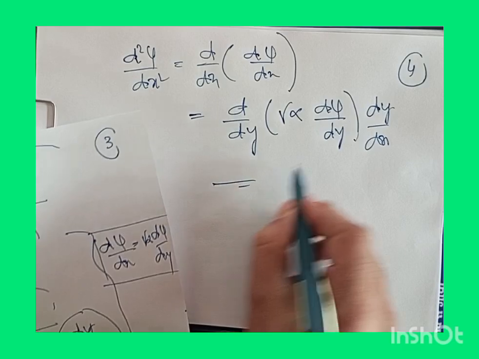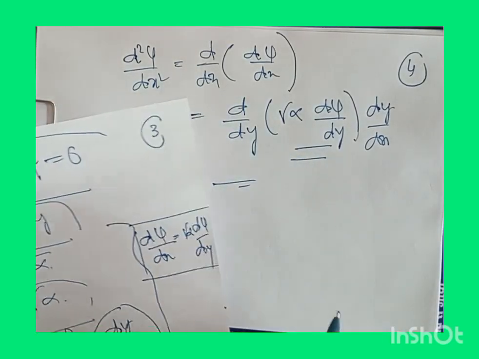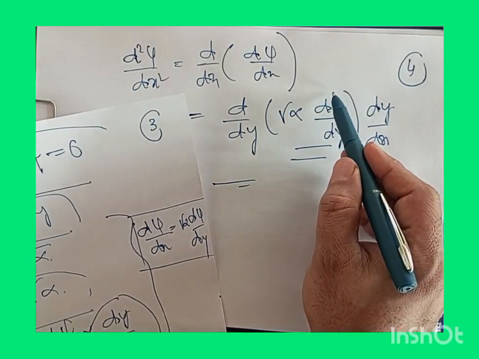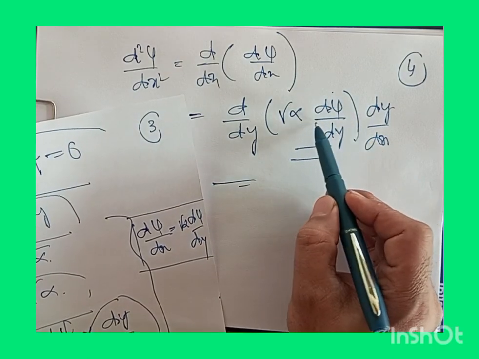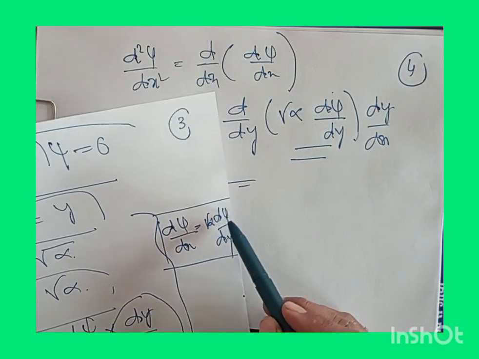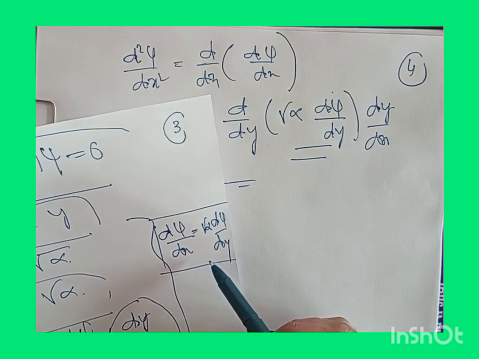And this thing is already evaluated as under root alpha d psi by dy, right?